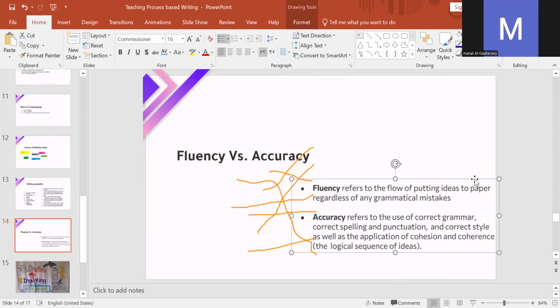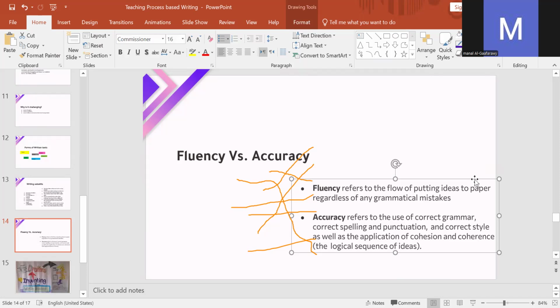Accuracy is the opposite. It refers to correctness. So my focus is on the use of correct grammar, correct spelling, correct punctuation, correct style, whether formal or informal, as well as the application of cohesion.